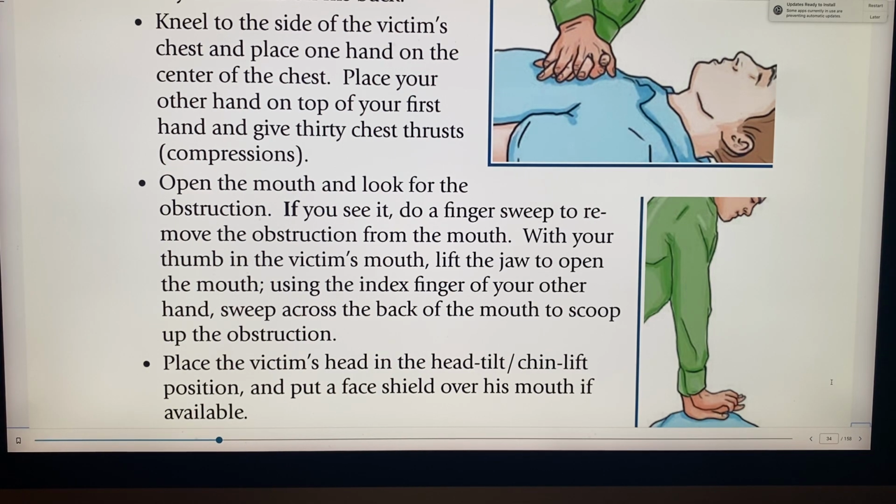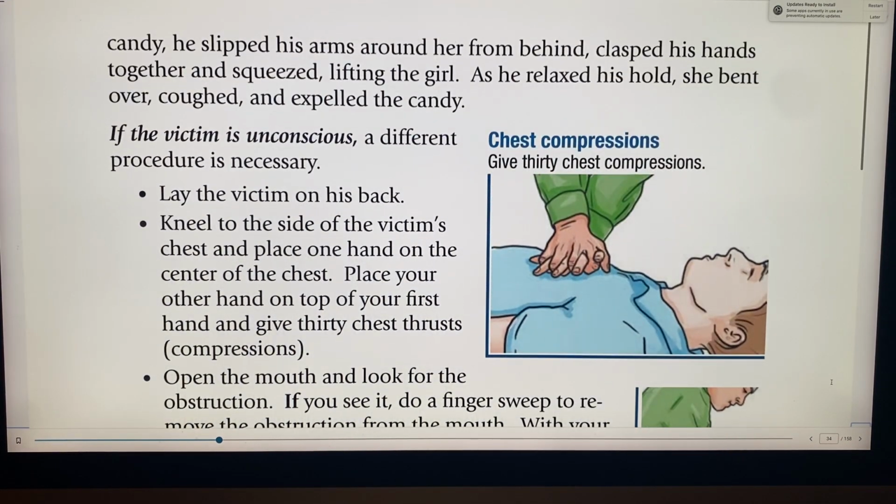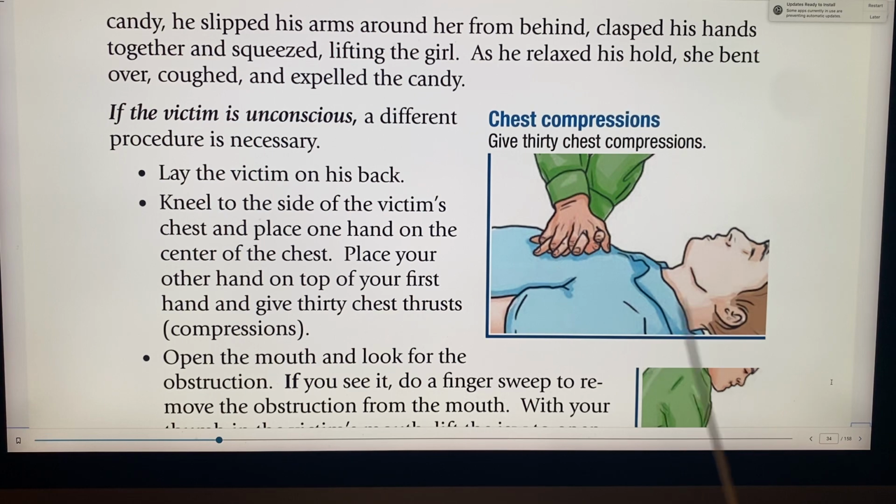So if it doesn't come out, then you're going to place the victim's head tilt chin lift, and you're going to put a shield over your mouth, because if they're still not breathing, you're going to give 2 shallow breaths. And if the chest doesn't rise, you're going to retilt the head and you're going to try again. So here, if nothing works and nothing is coming up, then you're going to try to blow in.